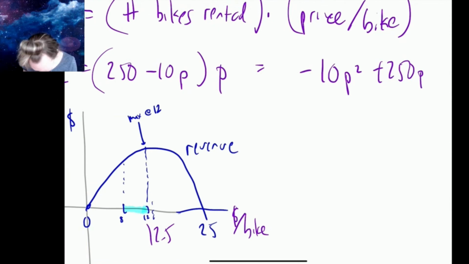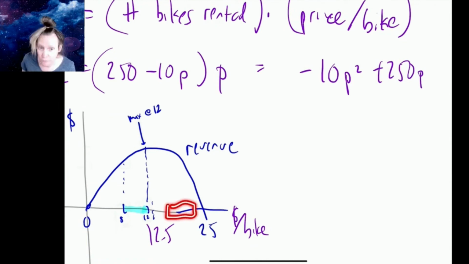The domain of interest in this case is 8 to 12, and the maximum value is going to occur over here. And if we wanted to see it non-graphically, we would evaluate our function at these two values, and we would find that the revenue for $12 per bike is greater than the revenue for $8 per bike. That's not always true for the greater amount.